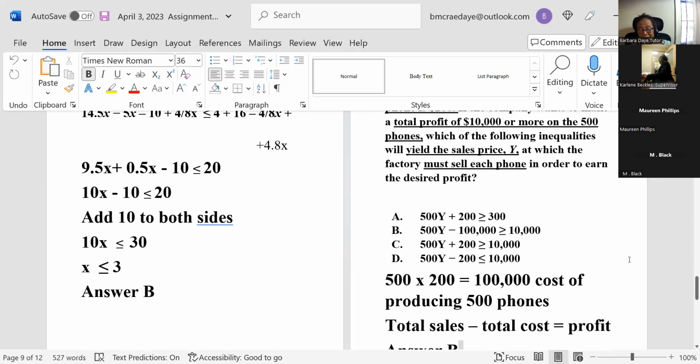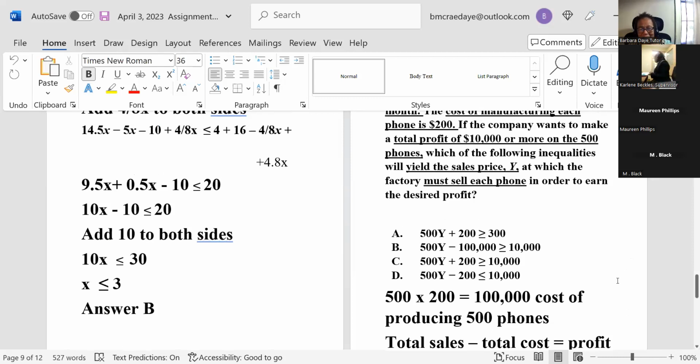And then the profit has to be greater than or equal to 10,000. You don't have to work out how you get the 10,000, because they told you that was your total profit. You just put that in your inequality after the greater than or equal. Okay. Got it? Thank you, Barbara.